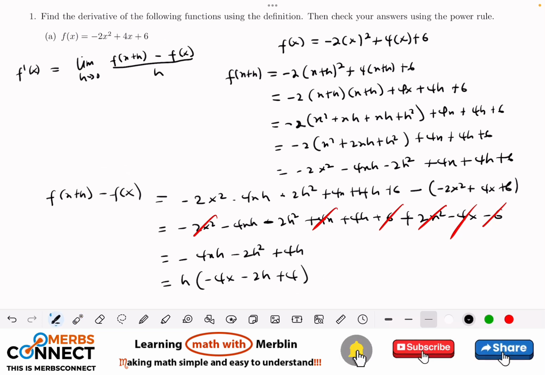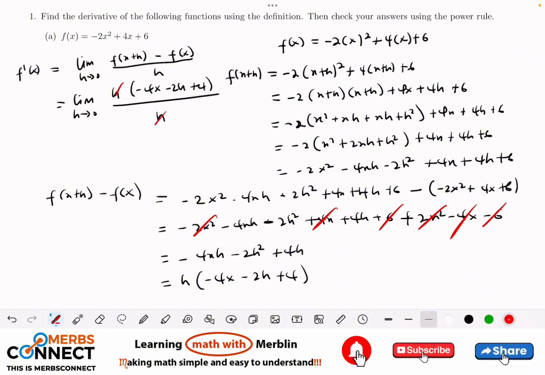So my f prime now will be equal to the limit as h approaches 0. Now the whole of this is this. So I'm going to have h times minus 4x minus 2h plus 4 divided by h. And then h will cancel the h.